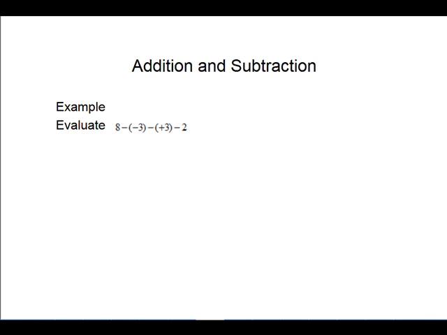Here's something a little bit harder. So they're the same, so write it as a plus. They're different, so write it as a minus. Now I'll just do left to right.